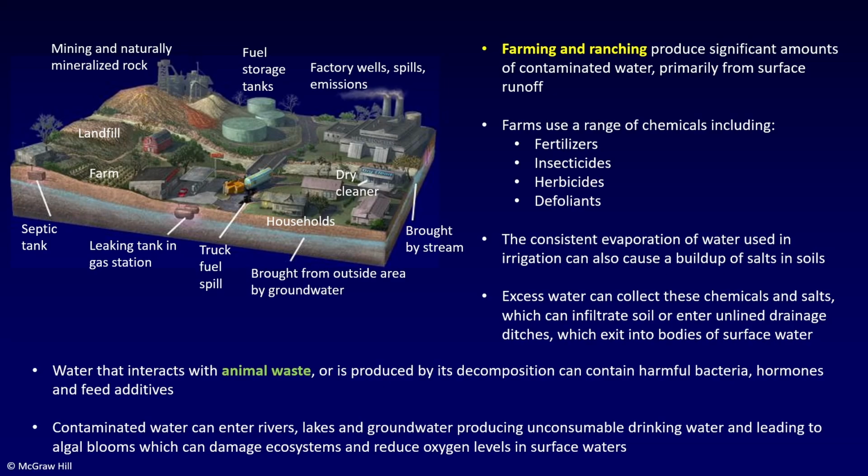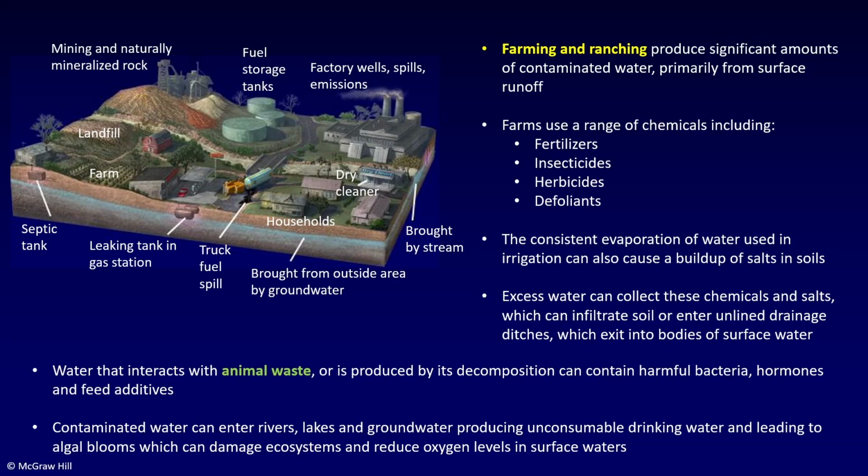And so over time, because your irrigation system is constantly running, you can end up making your soil saltier, saltier, and saltier, which obviously is bad for the plants. And so later on, what can happen is you can have a rainstorm come through. That rainstorm dissolves a lot of that salt, and once again, it transports it out. So when it comes to farming, when you have excess water moving over your farmed area, it can collect a whole range of chemicals and salts.